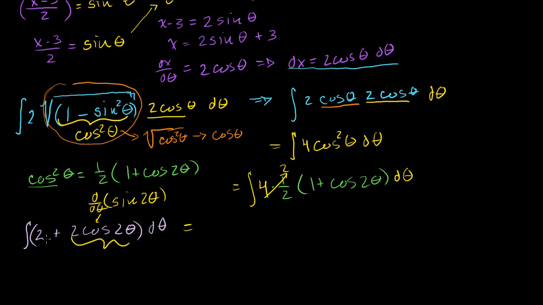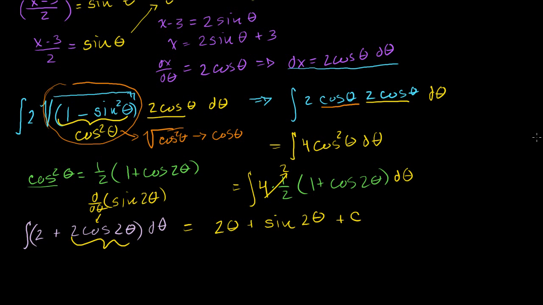So this is equal to the antiderivative of 2 with respect to theta, which is just 2 theta, plus the antiderivative of this, which is just sine of 2 theta, and then we have a plus c.